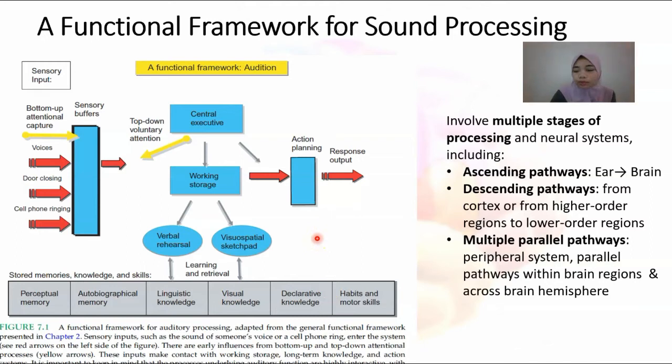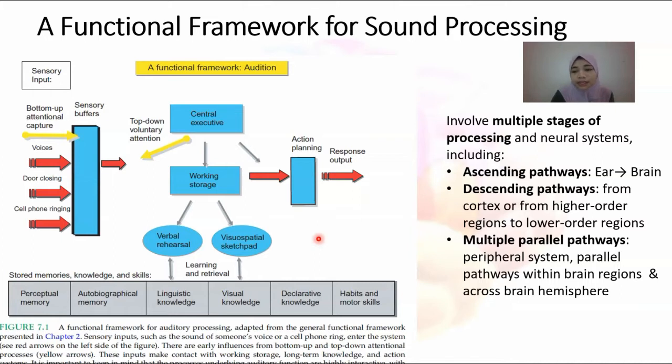The auditory inputs involve multiple stages of processing and neural systems, including ascending pathways, also known as feed-forward projections, which run from the ears to the cortex.